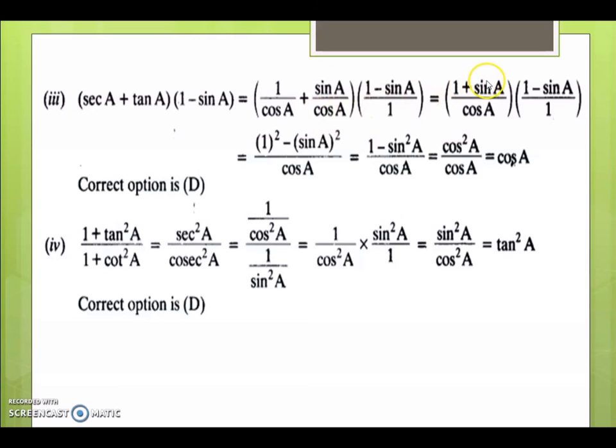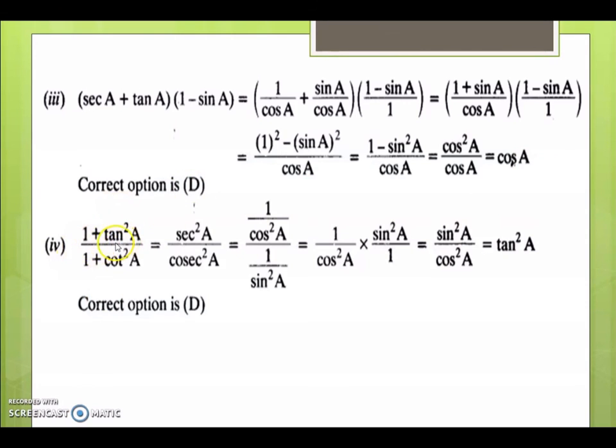So it will be 1 plus sin A by cos A into 1 minus sin A. Now again, in the numerator, both the terms are in the form of a plus b into a minus b. So it can be written as a square minus b square, that is 1 minus sin square A. Now 1 minus sin square A is cos square A, using the identity sin square A plus cos square A is equal to 1. So I will get cos square A by cos A. Now one of the cos I can cancel out. So the answer will be cos A. That is option D.